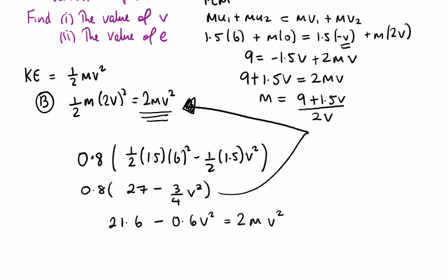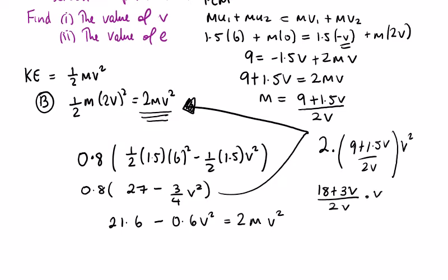Now we have m, I should have probably simplified this 2mv squared first. 2 by 9 plus 1.5v over 2v, that's 2m by v squared. So we're going to get 18 plus 3v over 2v by v squared.